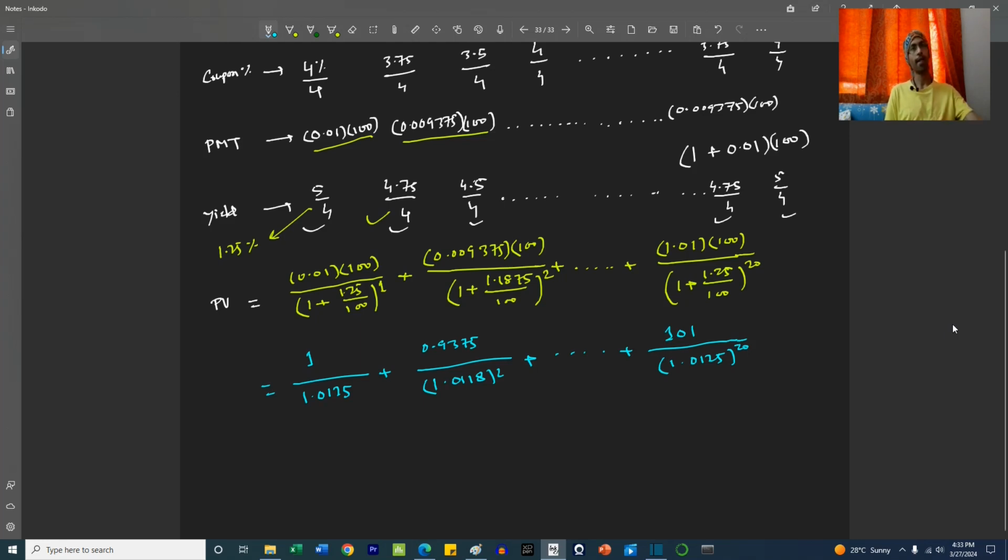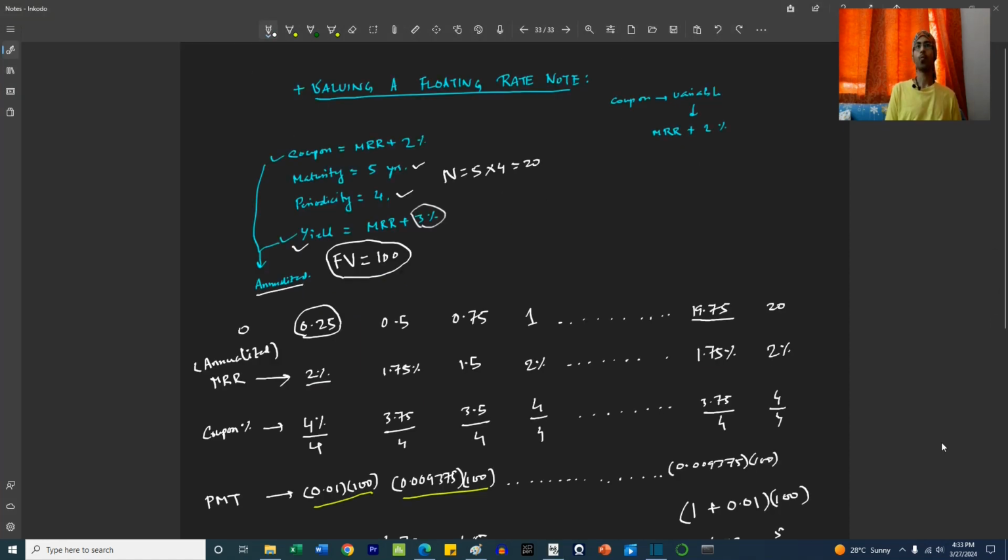Before we find the expression, we have to understand two terminologies. This 2% here, which is the market reference rate plus the added percentage to get the coupon, is called the quoted margin, or QM.